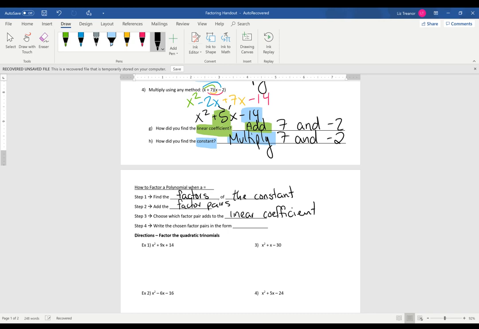Once you know which two factors multiply to the constant but add to the linear coefficient, you'll be able to rewrite it in terms of x plus or minus, depending on the factor. I'm just going to put f1 for factor 1 times x plus or minus factor 2.